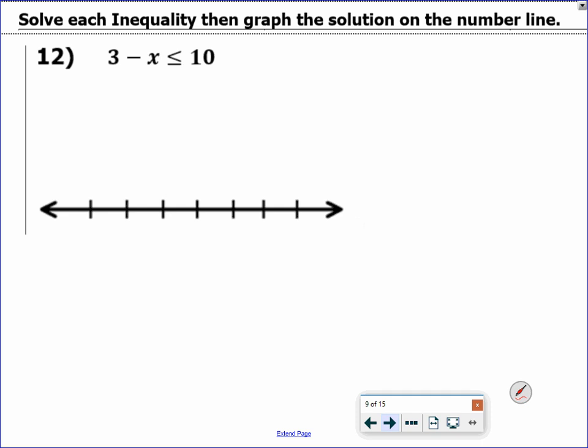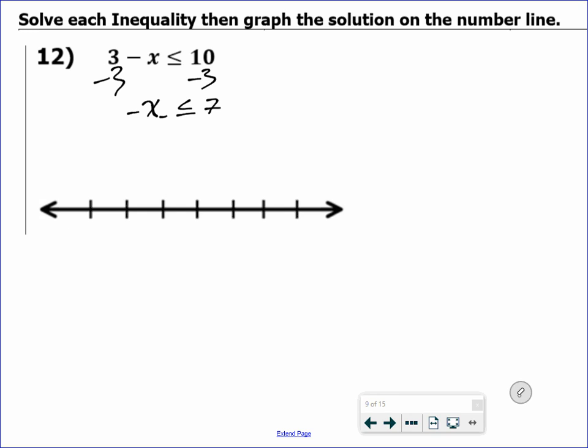All right, for this one, here's where we're going to see the extra rule, which is the negative x is less than or equal to 7. So I'm going to have to divide both sides by negative 1.